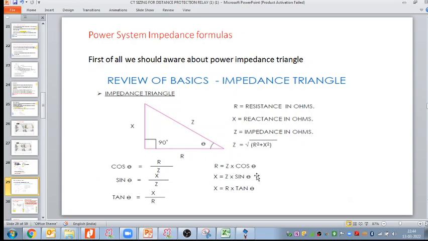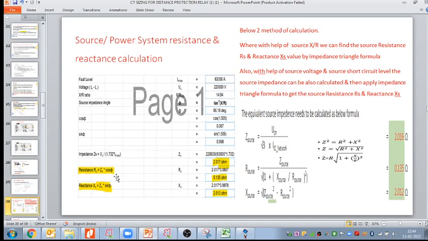So R is equal to source impedance into cos theta, 2.017 into cos theta, 0.13 ohm source resistance, and source reactance is ZS into sin theta, that is 2.017 into 0.998, and X comes to 2.013. This is one approach of the calculations. Or if we do not want to go through such a big formula, we can go directly like that also.